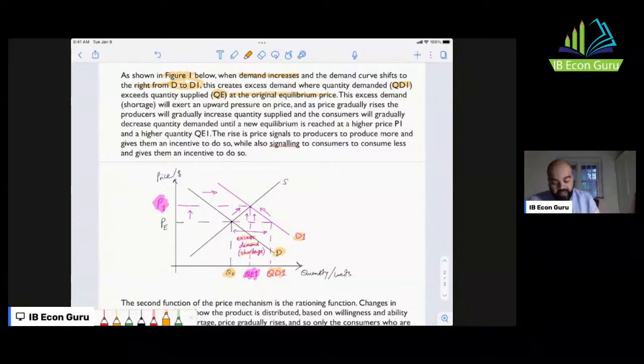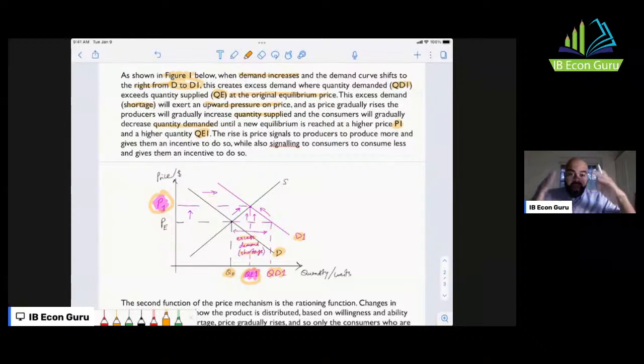This excess demand, this shortage, will exert an upward pressure on price. And as price gradually rises, the producers will gradually increase quantity supplied, and the consumers will gradually decrease quantity demanded until a new equilibrium is reached at a higher price, P1, which is the same label I've used here, and a higher quantity, QE1.